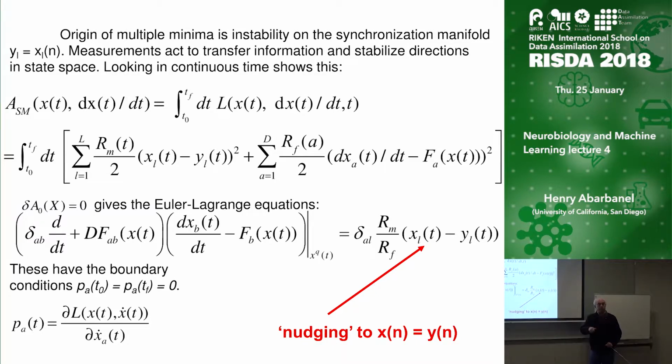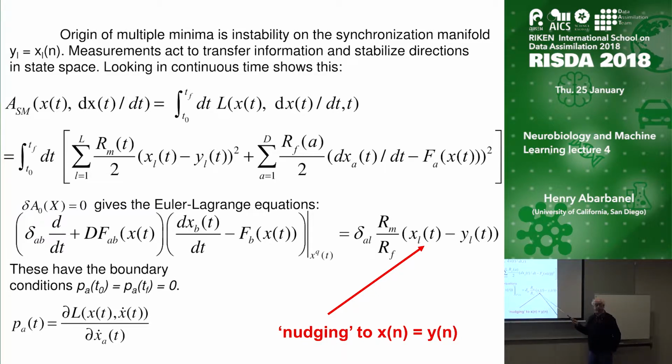The term that you get by integrating by parts is delta x, delta of the state, at the initial time times the derivative of this Lagrangian with respect to the velocity. That has to vanish, and exactly the same quantity has to vanish at the final time. This has a fancy name. It's called a canonical momentum. It doesn't matter. This differential equation is what you need to solve.